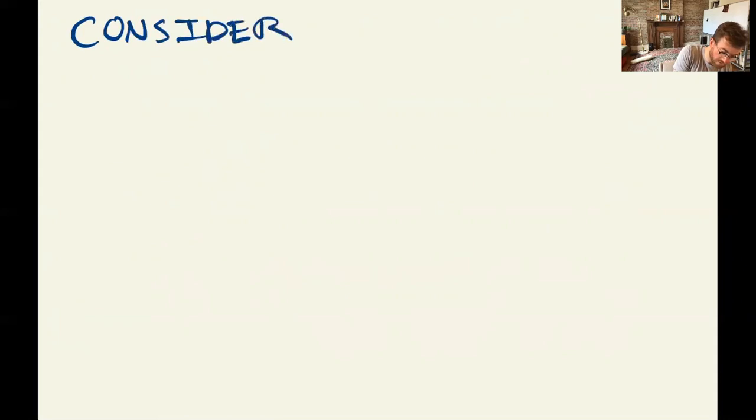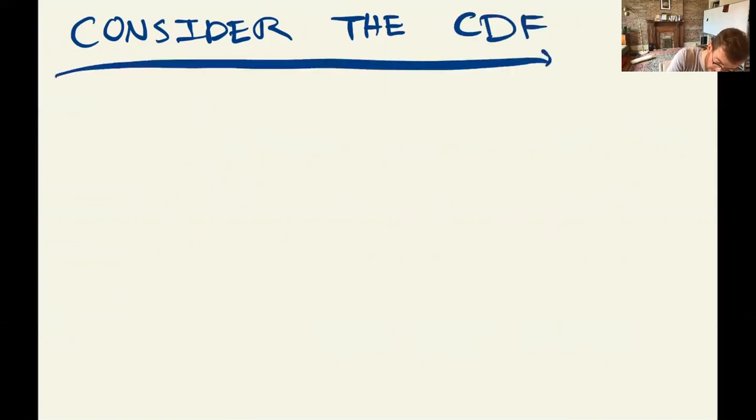All right, let me go ahead and start a fresh page here. So we're going to consider the CDF. Again, this is the thing which, when you integrate, approaches 1 as a value, because the total probability has to go from 0 to 1 eventually.